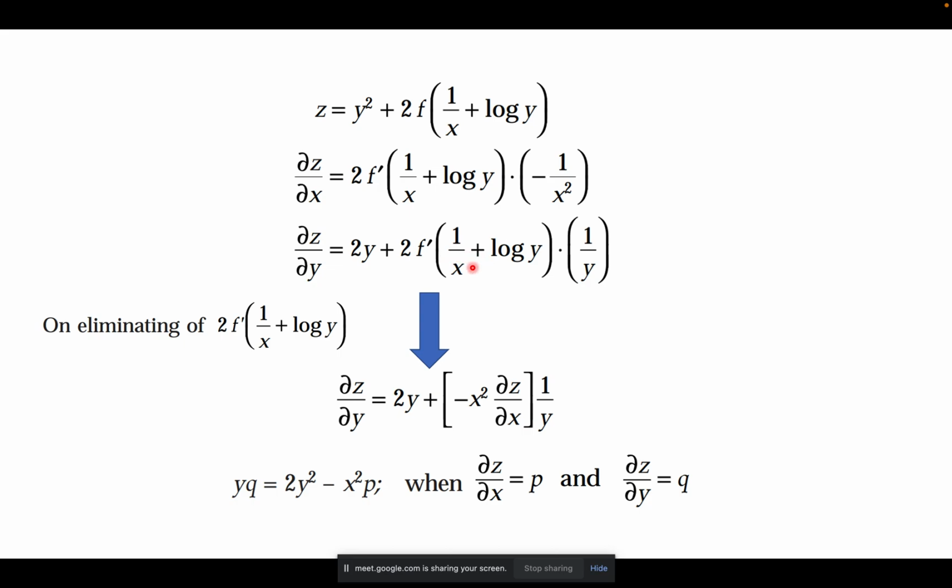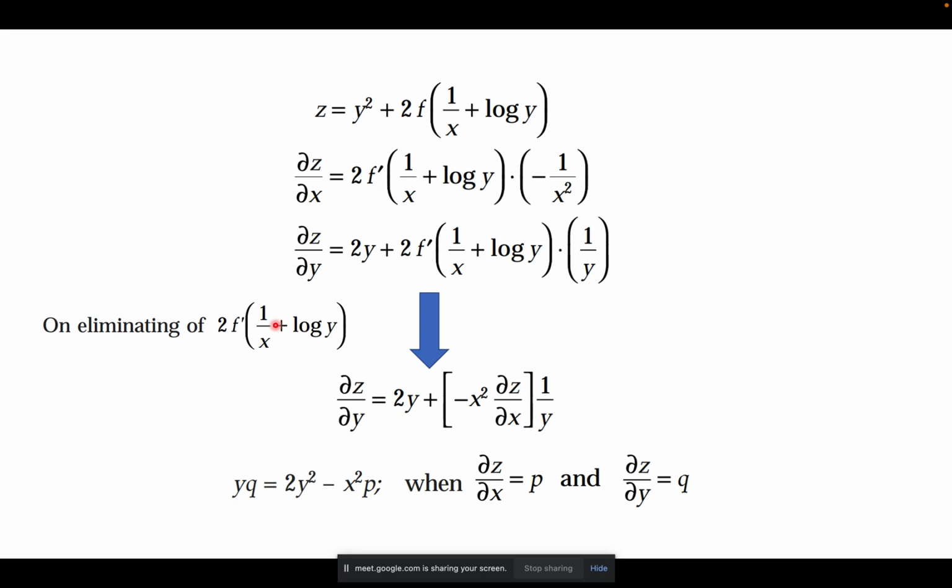Now you see this function f dash of 1 by x plus log y is appearing in both of these equations, where you have taken the derivative with respect to x and with respect to y. So you can simply eliminate this f dash function from the partial derivative x equation and substitute it in this equation, and that will result in the partial differential equation.